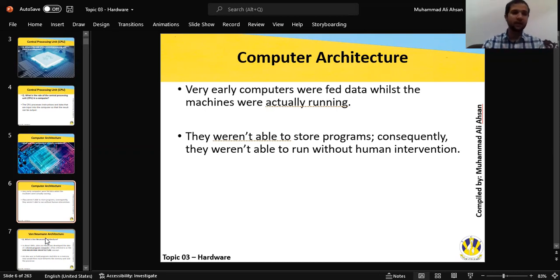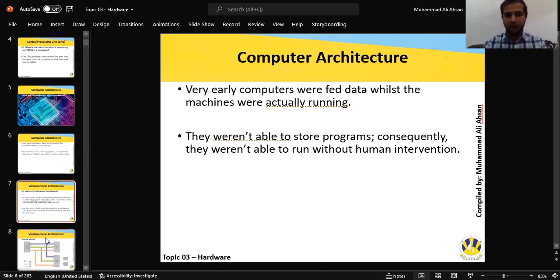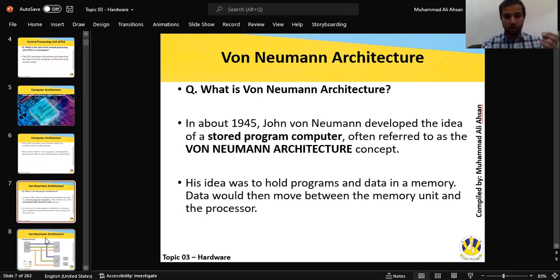So then what happened? There was a person whose name was John von Neumann. And I'm talking about the year 1945. He realized this problem, and so he suggested that there should be a stored program computer, which means that the programs and data do not have to be fed into the computer by the user, but they will be stored in the computer already when someone is going to turn on the computer.